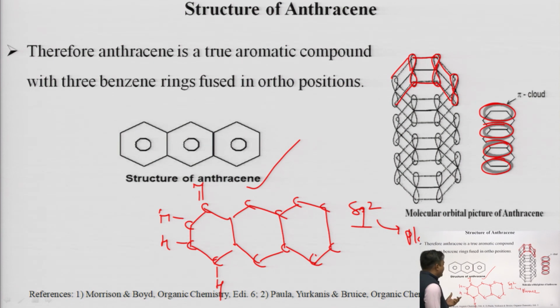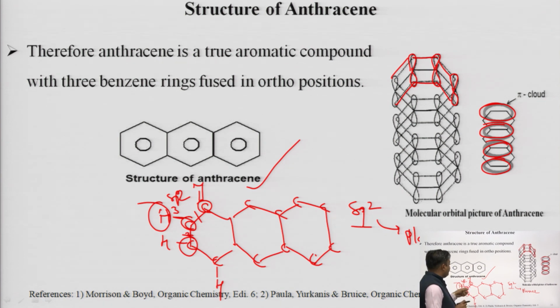Then suppose I am talking about this carbon. Each carbon has 4 valency. Out of 4 valency, one bond is formed between this carbon and this carbon, the second bond is formed between this carbon and this carbon, and the third bond is formed between this carbon and this carbon, and all these 3 bonds are formed because of the overlapping of sp2 hybridized orbitals of the carbon.